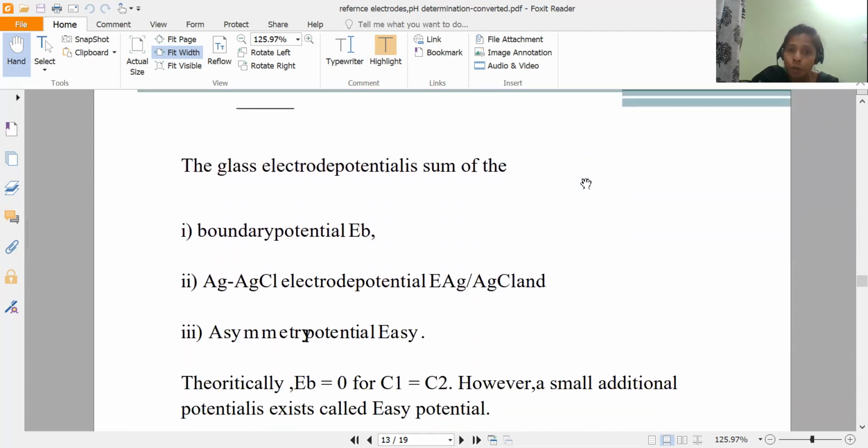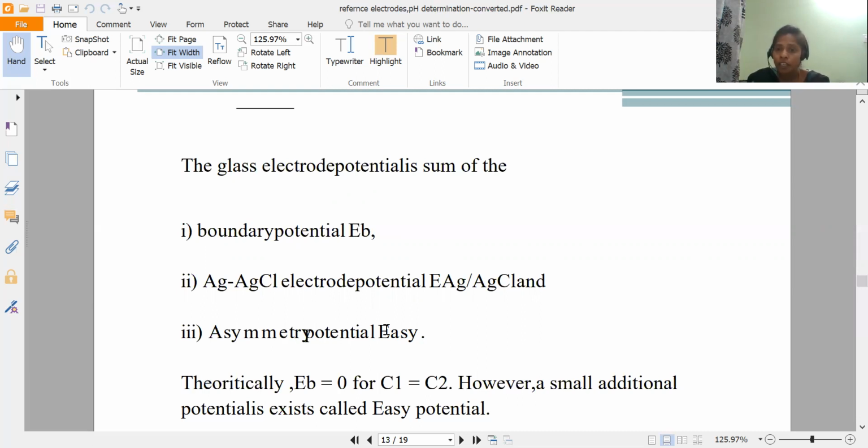But the glass electrode potential is the sum of boundary potential, silver chloride electrode potential, and asymmetric potential. This is not only the boundary potential. Till now we discussed the boundary potential, but the glass electrode potential is not only the boundary potential, because the internal reference electrode is also there, and along with that it develops an asymmetric potential. So it includes all three.